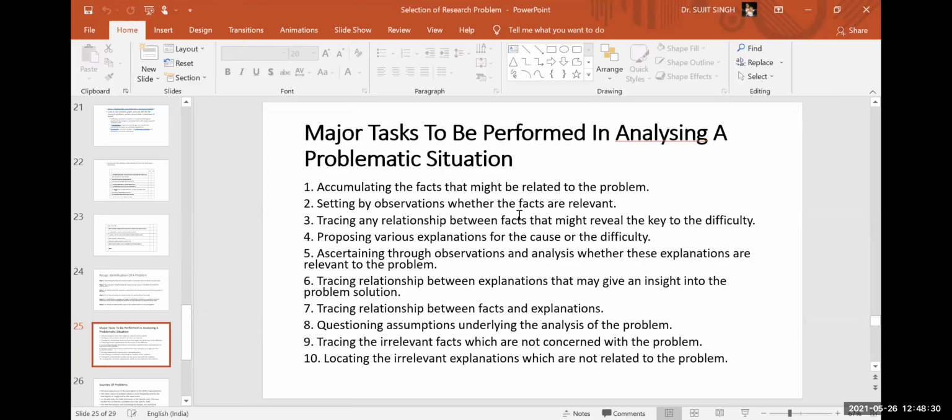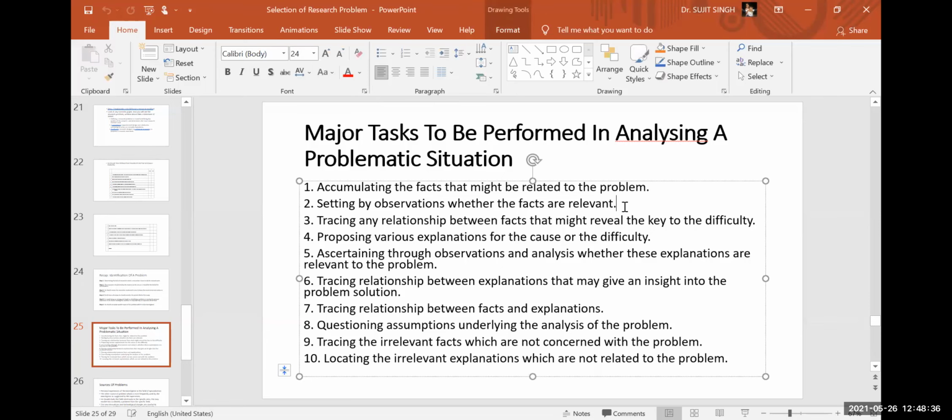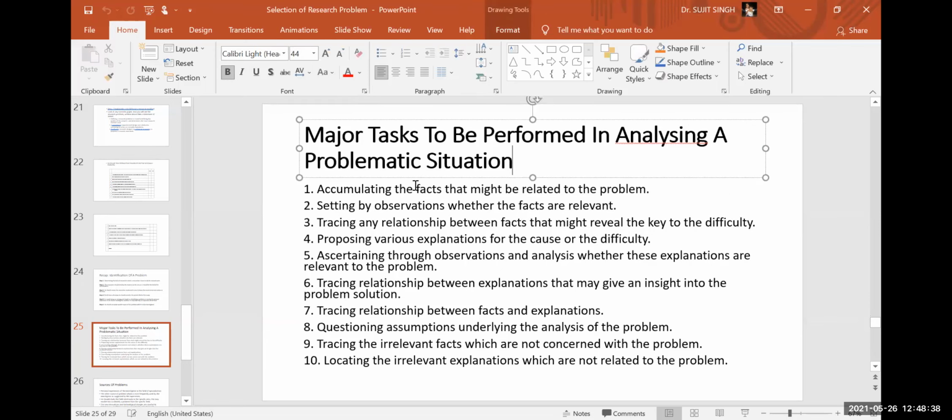Setting the observation, whether the facts are relevant. You have to see whether the facts you gathered or accumulated are connected directly to the problem. That is going to support you. Then you have to trace any relationship between the facts, which might reveal the key to the difficulty.